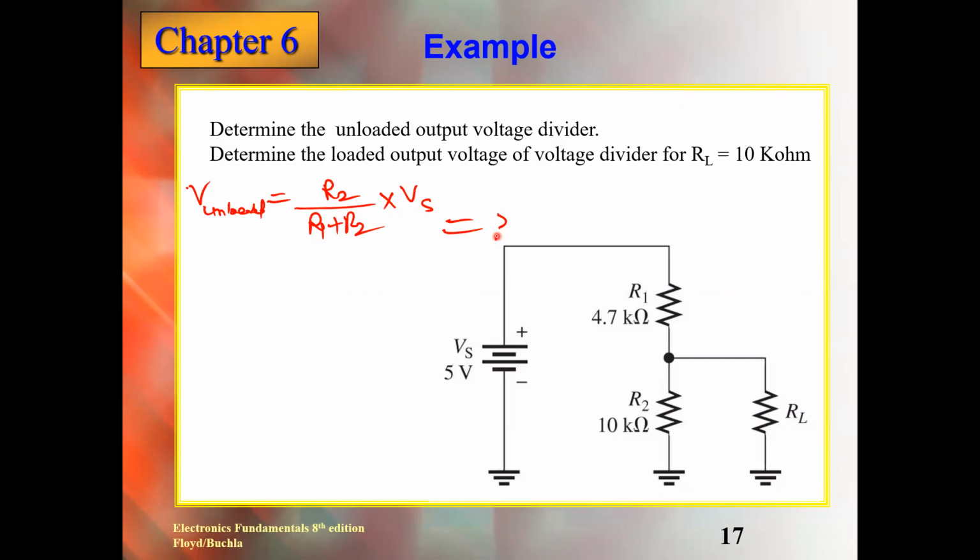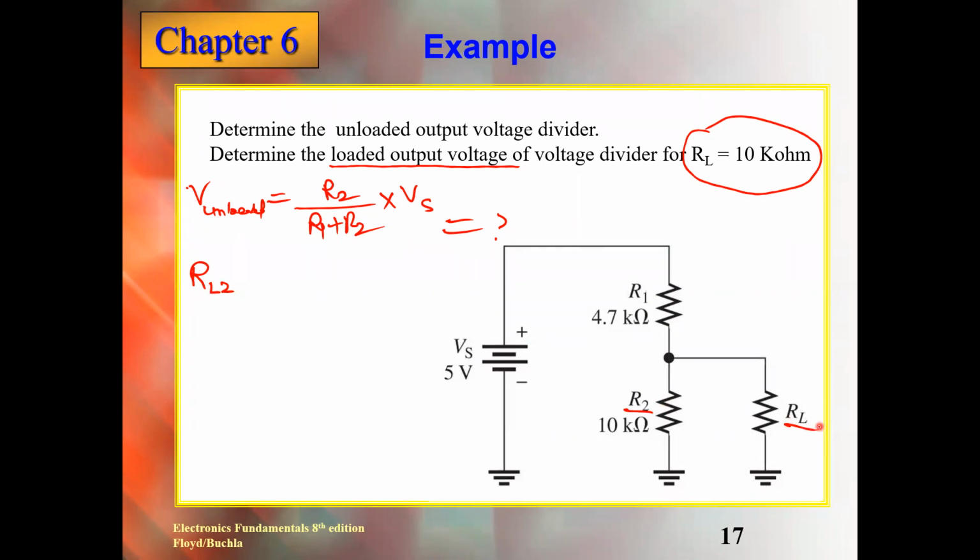Clear? Next, determine the loaded output voltage. Now the load value is given. What should I do first? R equivalent. I can give the name RL2, R2 and L2, any name we can give.